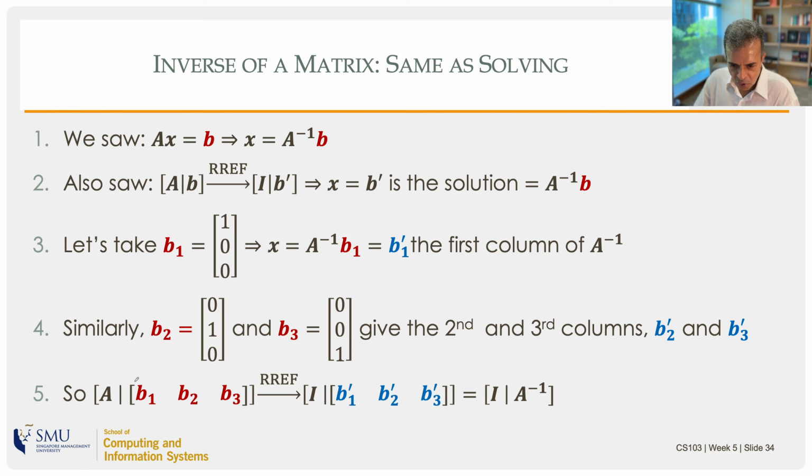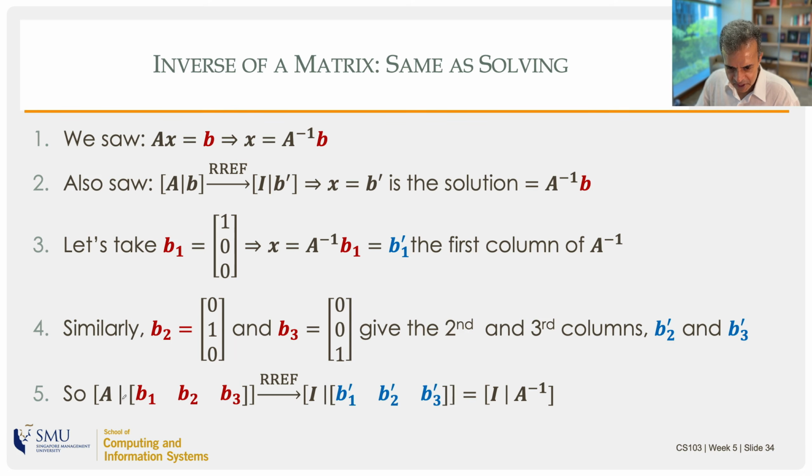So I can do all those things together. I can put them in one augmented matrix rather than three separate ones and doing the same things over and over again, because the steps of transforming A into its RREF are going to be the same for B1, B2 and B3. I can do all those steps in just one go.